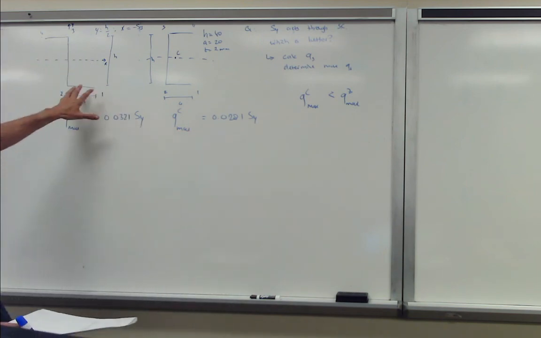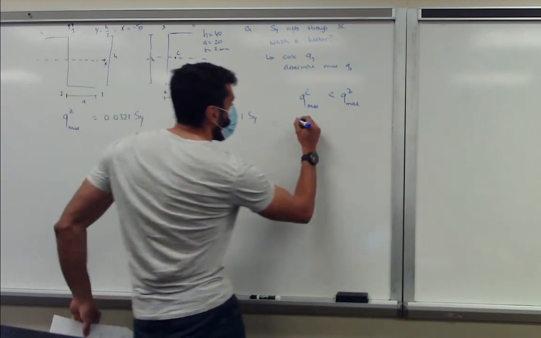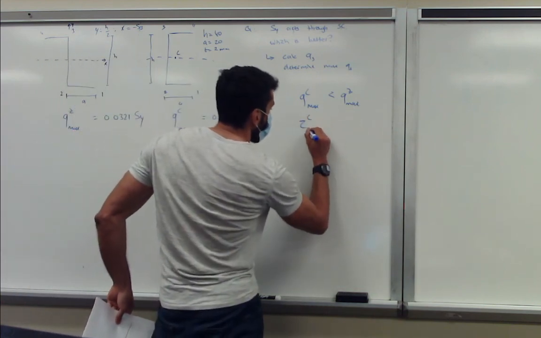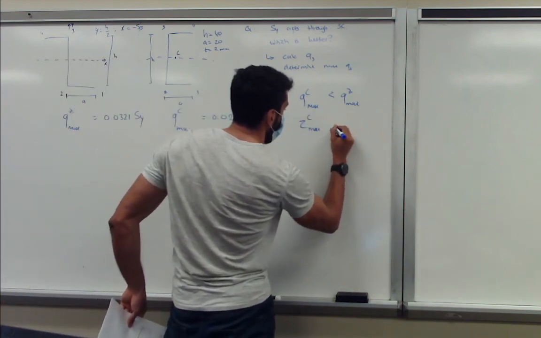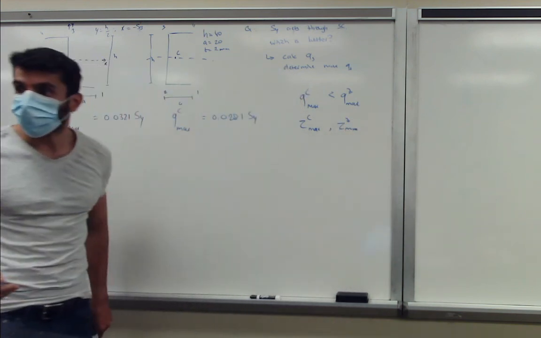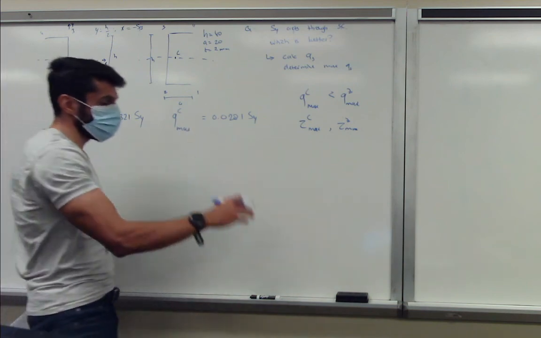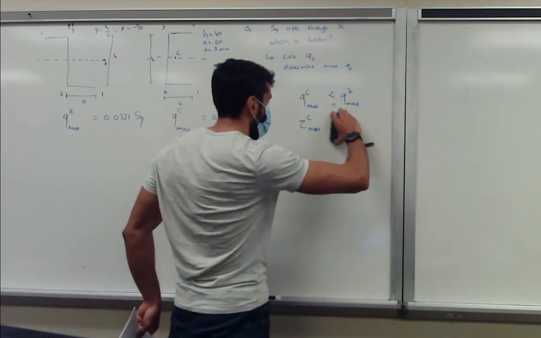Keep that in mind. If the thicknesses were different, then you also have to calculate tau C max and tau Z max, because to get the shear stress, you multiply the shear flow by the thickness. But in this case, you assume the same thicknesses.